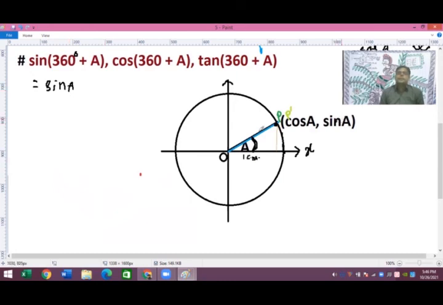Now when it is 360 degrees plus A, it is again in the first quadrant, so it is sine A itself. Similarly cos 360 degrees plus A will be cos A again. And then what about tan? Tan 360 degrees plus A is the ratio of sine and cosine, hence it is sin A by cos A, and that will be tan A.